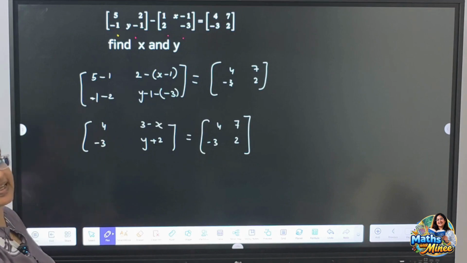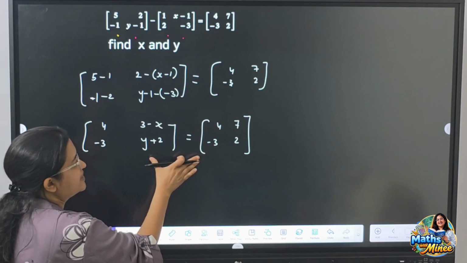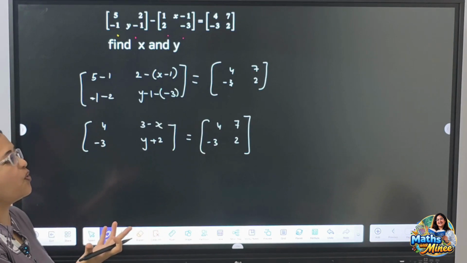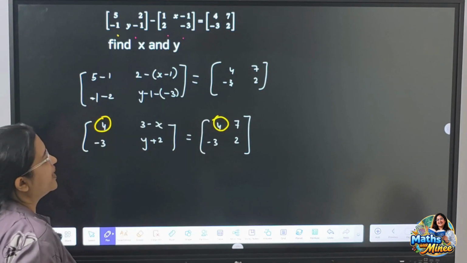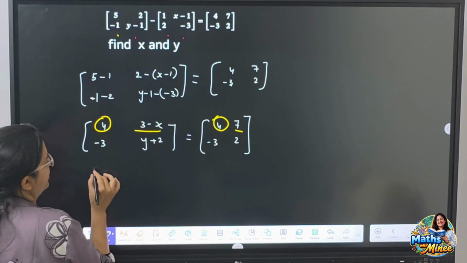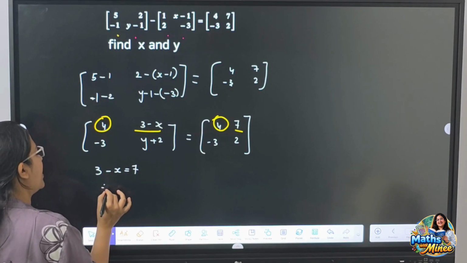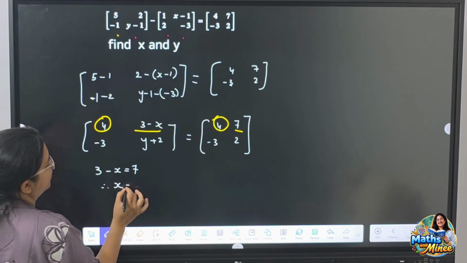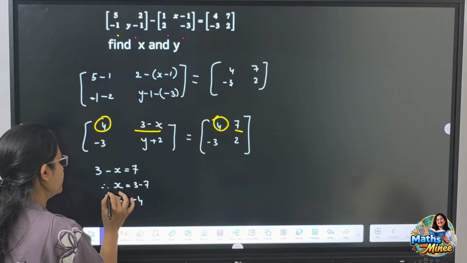In the previous lecture, if you have observed, the matrices are equal to each other. So if you want to equalize, you can equalize each and every element. So here 3 minus x is equal to 7, and therefore x is equal to 3 minus 7, which is equal to negative 4.